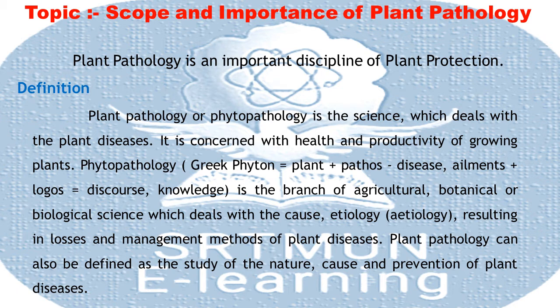Phytopathology means: Greek phyton is equal to plant, plus pathos means disease, plus logos means discourse or knowledge. It is the branch of agriculture, botanical or biological science which deals with the causes, etiology, resulting losses and management methods of plant diseases.